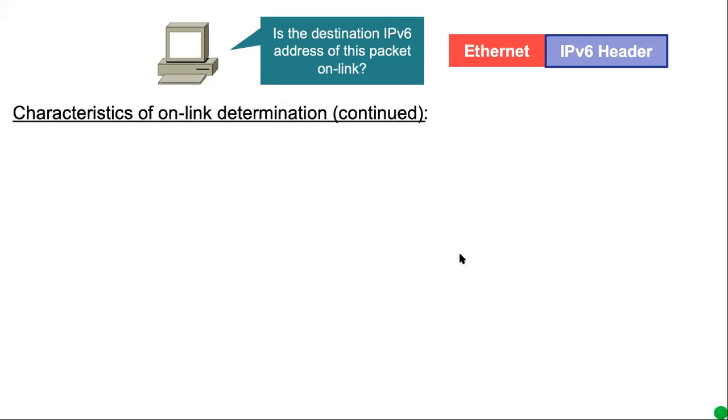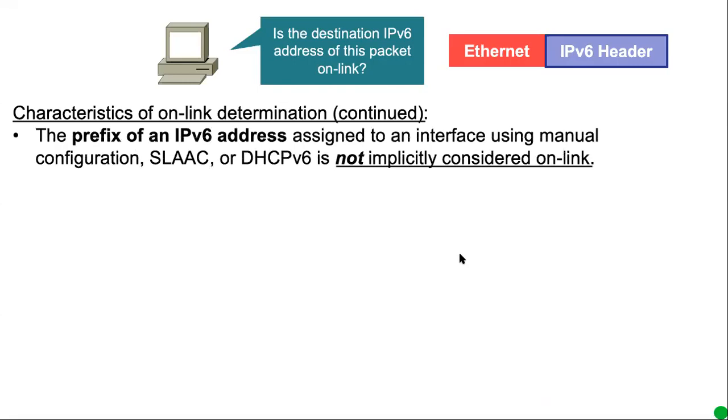Okay, so some other things. In IPv6, for any IPv6 address assigned to the interface, it doesn't matter how, SLAAC, stateful DHCPv6, it does not matter, just because it has that address doesn't implicitly mean it's considered on link. That's really different.